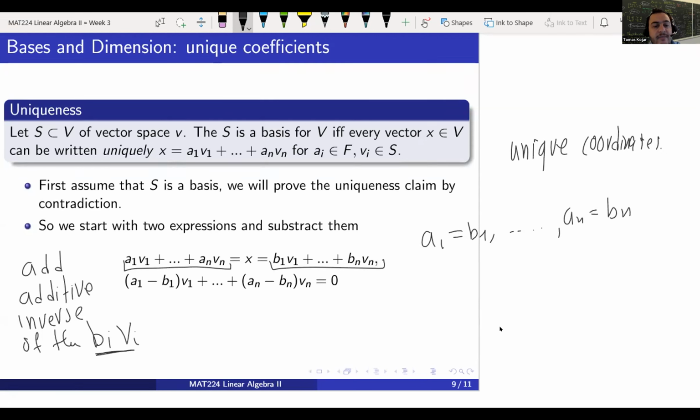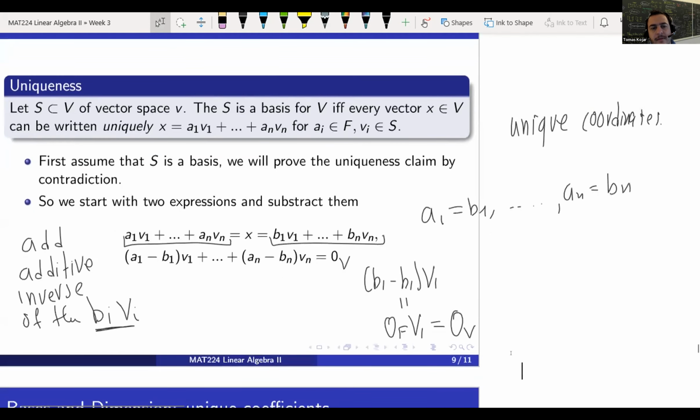So on the right hand side, you get the zero element of the vector space because they all cancel out, right? So you have things like B1 minus B1 times v1, and these are 0_F times v1, which we proved last time to be the zero element.